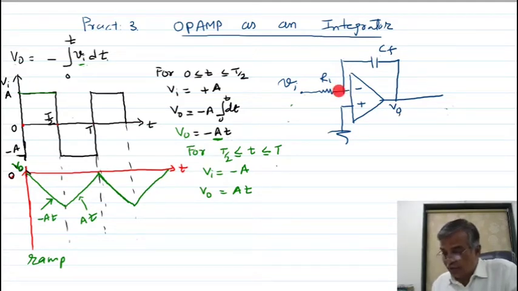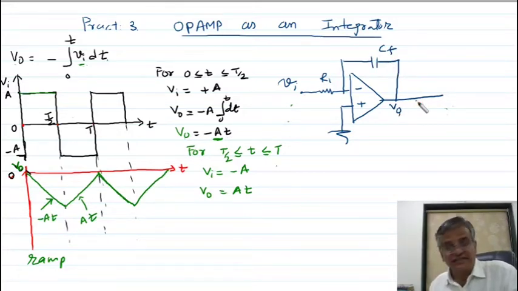At zero frequency, when omega is zero, the input is only DC, and the reactance 1 upon 2 pi fc is infinite. I told you the gain is decided by this reactance, so the gain will be infinite.